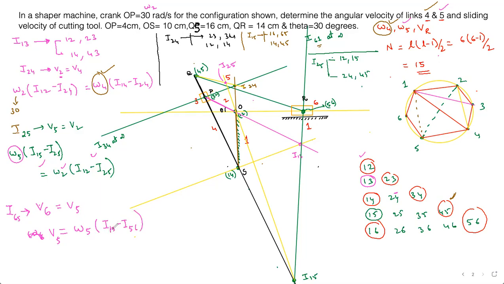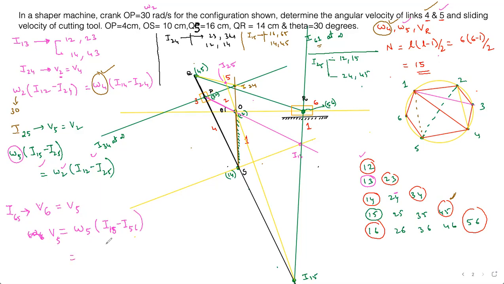Only then this can work out for us right now, because only then we can assume that V5 is equal to V6. Whenever we say V6 equal to V5, we take I16 to I65 distance, right? And then I15 to I56, right? So whatever V5 you get, that is equal to V6. We need V6, right? Fine.